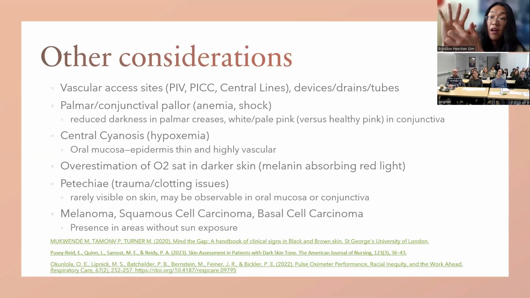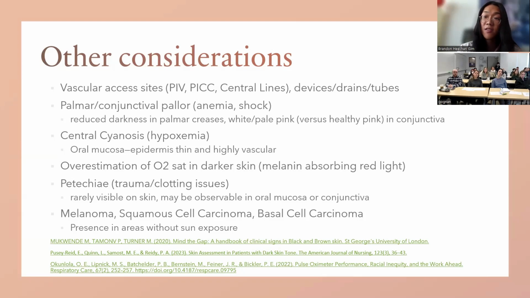So the lines in their palms, I should say. And then in their conjunctiva, which is the mucosa of the eyes or eyelids, it would be white or pale pink versus a perfused healthy pink.